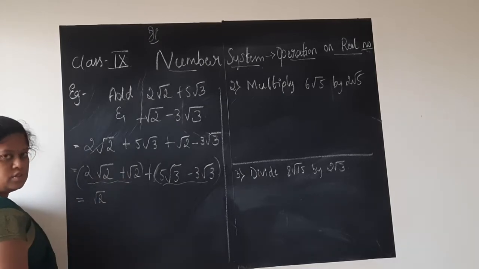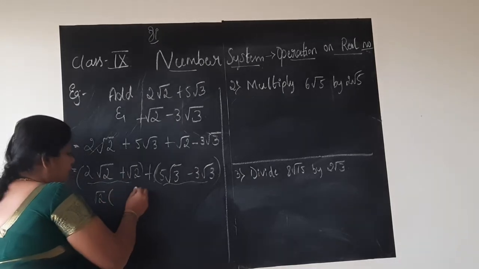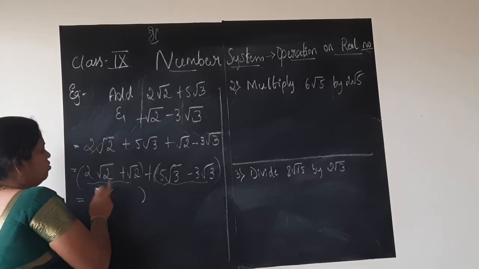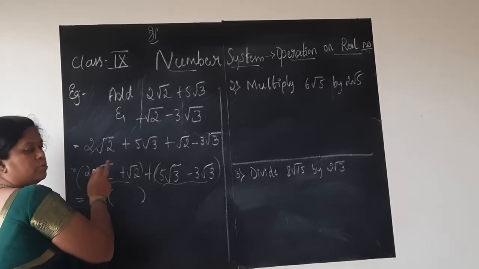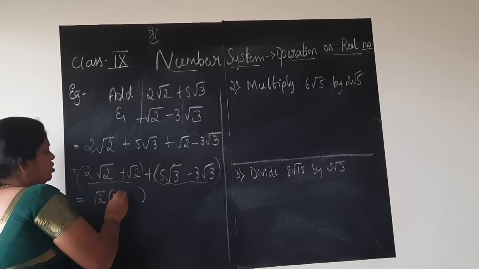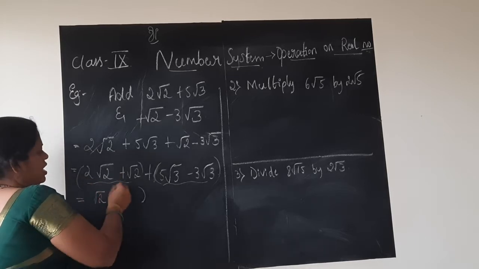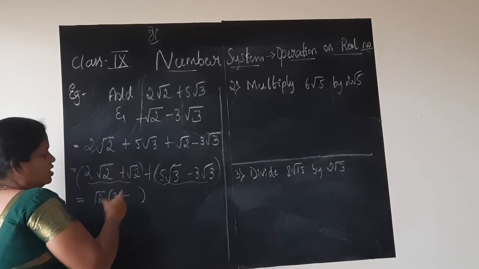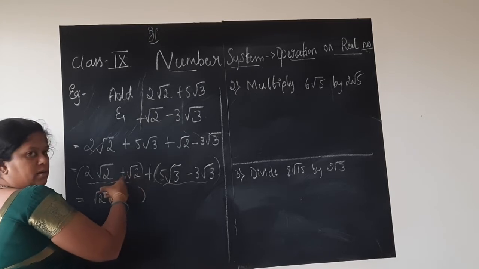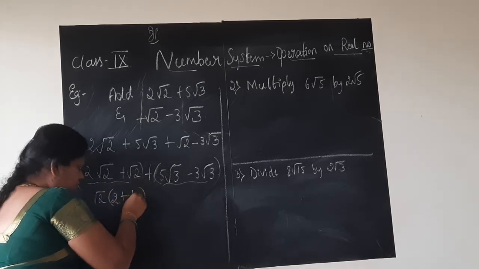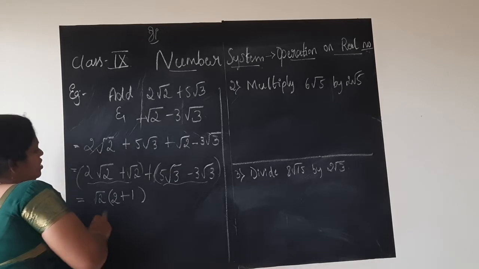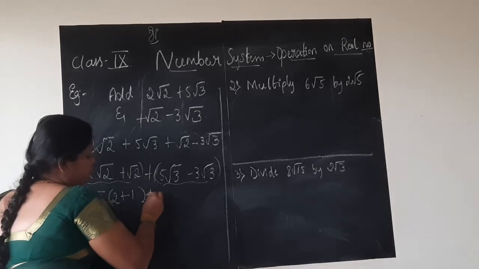I will take out square root 2. If I take out square root 2, what am I left with? Here 2 square root 2 was there. Square root 2 came out, so 2 is left. Plus sign is there, so put plus. Along with square root 2 no term was there, nothing is there, so it is understood to be 1. So square root 2 into 2 plus 1 I got.